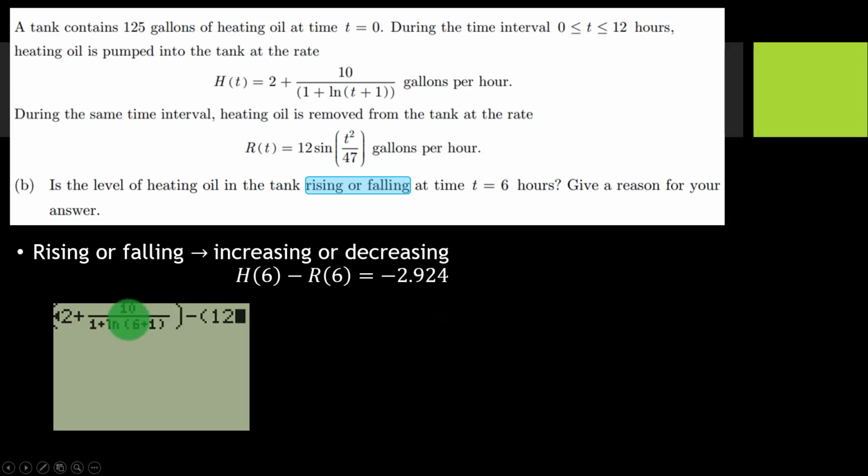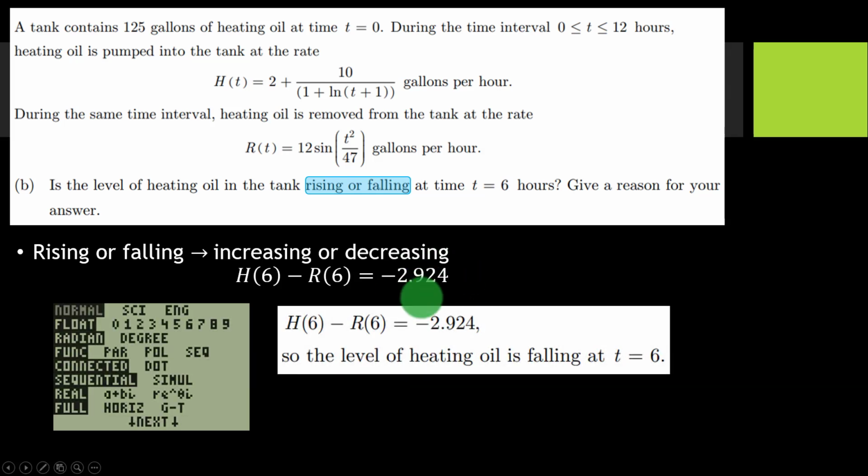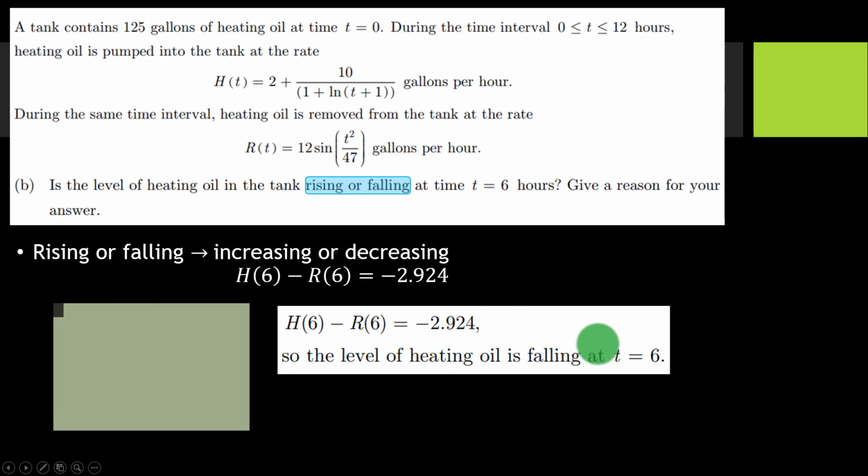Just to show that work in the calculator, I plugged in 6 for h of t, then we plug it in for r of t, and what do we get? By the way, make sure you're in radian mode, because you'll get all the wrong answers and you'll be very sad. Negative 2.924. Got it, same thing. And so we can say, since it's negative, it is falling.